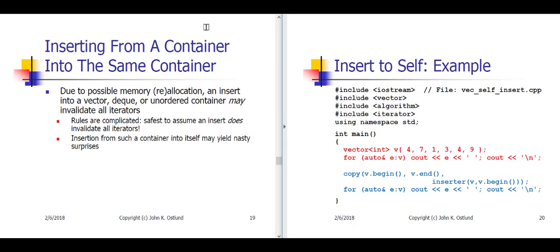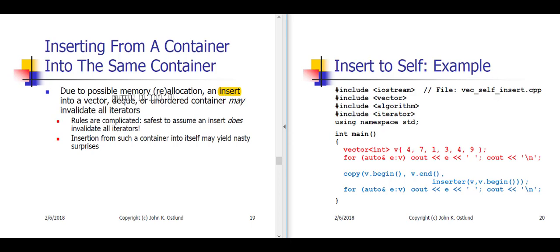Okay. When we use the transform algorithm, we saw that we could use the same container both to provide the source information, that is, from its begin up to but not including its end, and also to provide the output container. Insert, though, is not as tidily behaved as the overwriting that we were doing of existing elements when we did transform.